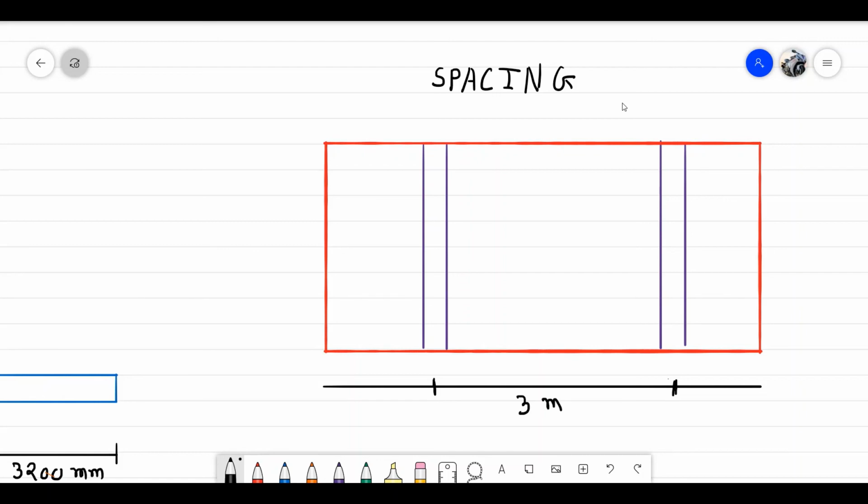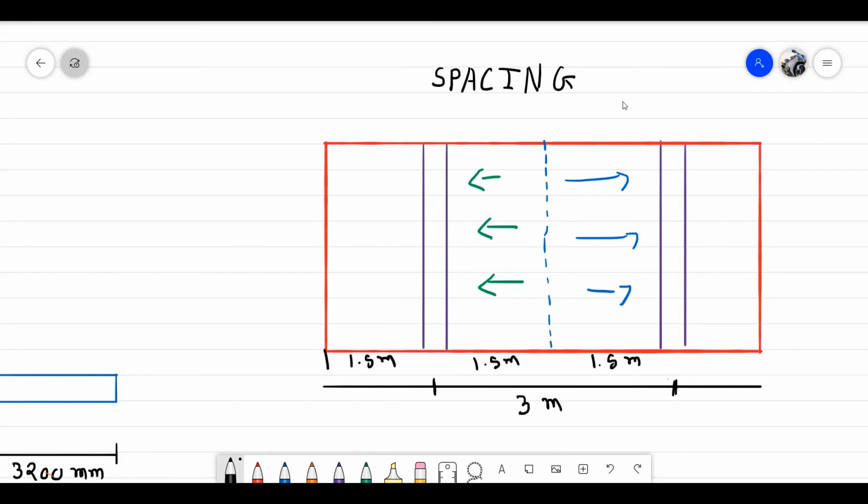Now imagine there is a half portion. This half portion's load is carried by this counterfort, and this half portion's load is carried by this counterfort. And this happens on both sides. So this is the half, meaning 1.5 meter, and 1.5 meter here, and the same thing here, 1.5 meter.